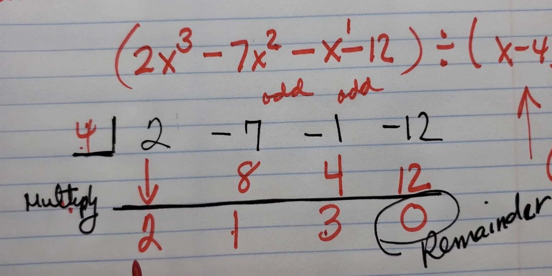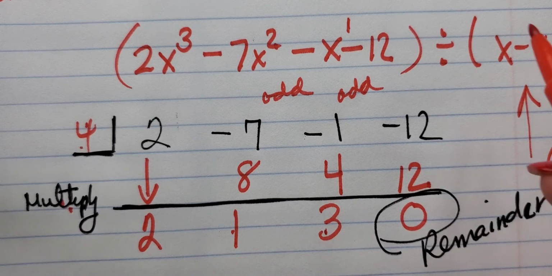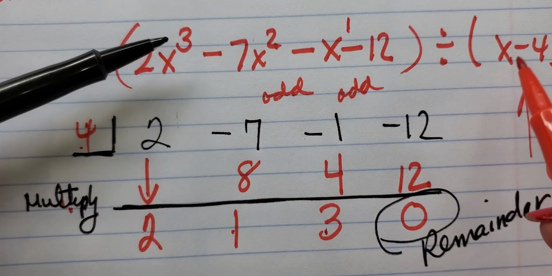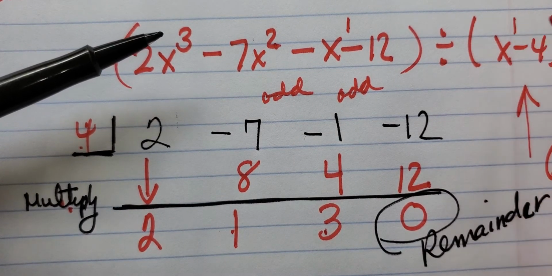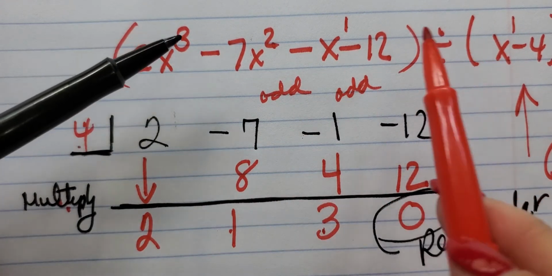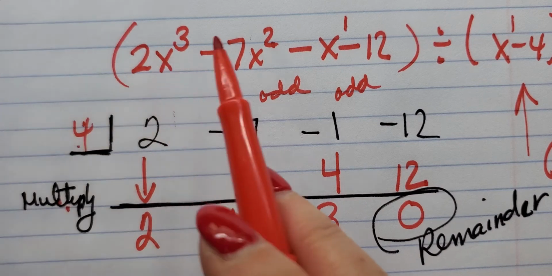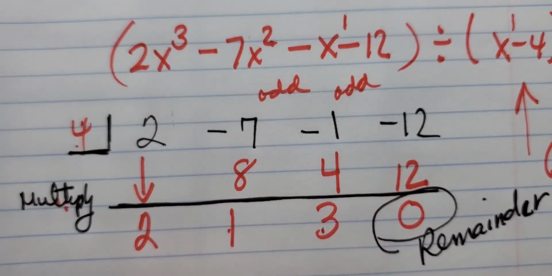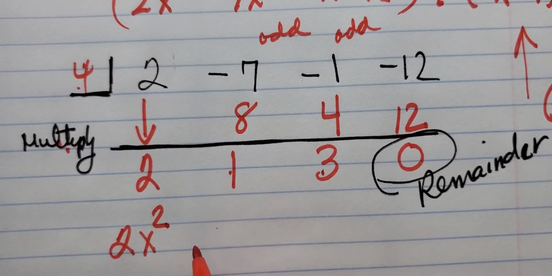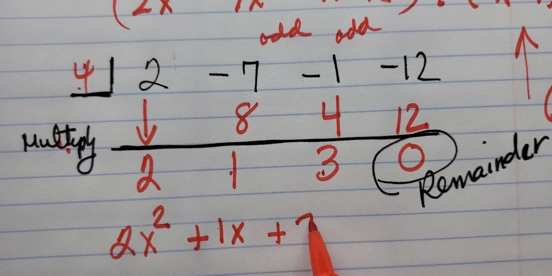Okay, so we're going to write what's left. Now remember, we took something to the third degree and we divided it by 1. If we do that, it should be smaller. It's going to be 1 smaller than 3. So that means we get 2x squared plus 1x, and the only thing left is that number, 3.